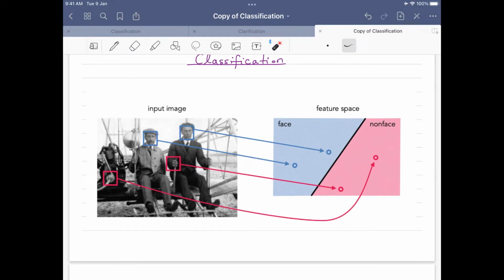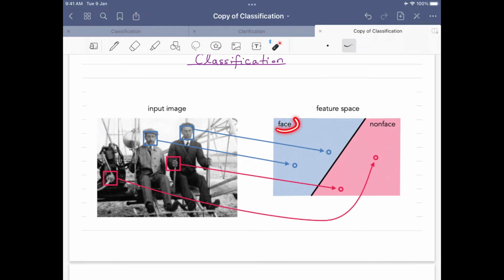The process of finding this boundary is a bit different compared to linear regression or non-linear regression, but the overall concepts involved will be nearly the same as what we discussed in regression.